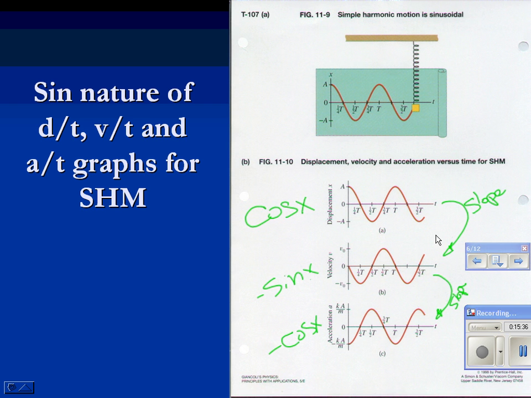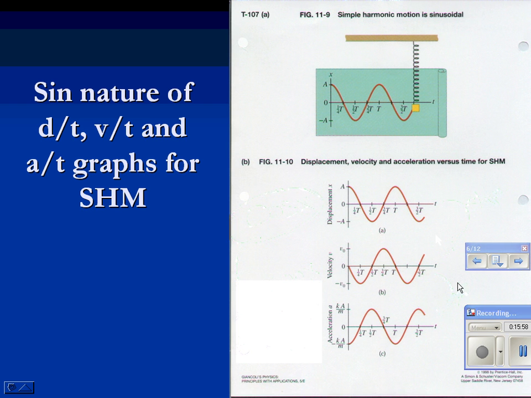So if I were to take the derivative of a cosine curve, guess what I would get? A negative sine curve. And if I take the derivative of a negative sine curve, I get a negative cosine curve, okay? Just remember that next year when Jamie's teaching you some calculus and say, I remember this, simple harmonic motion, it's all connected, okay? All right.